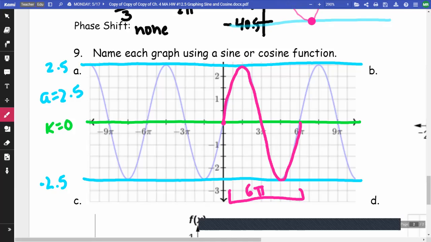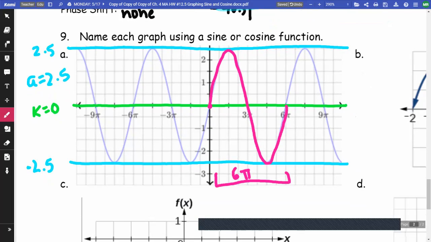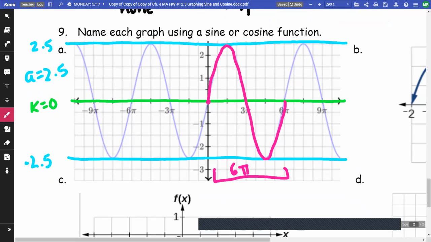When I'm trying to work this out, 6 pi is equal to 2 pi over b. So that means my b is going to end up being 1/3.